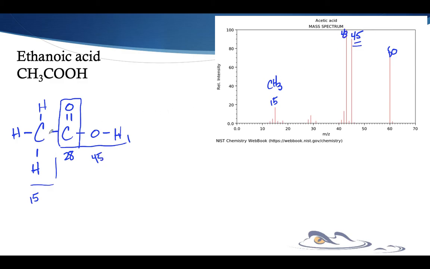So if instead of breaking at this carbon, let's say it's breaking here and it's breaking the OH off of the carboxylic acid, then my leftover fragment would be 43. So you see my approach for this is I'm taking a look at these big peaks, I'm taking a look at the molecules and the possibilities of these molecules, and I'm saying to myself, are these pieces present?